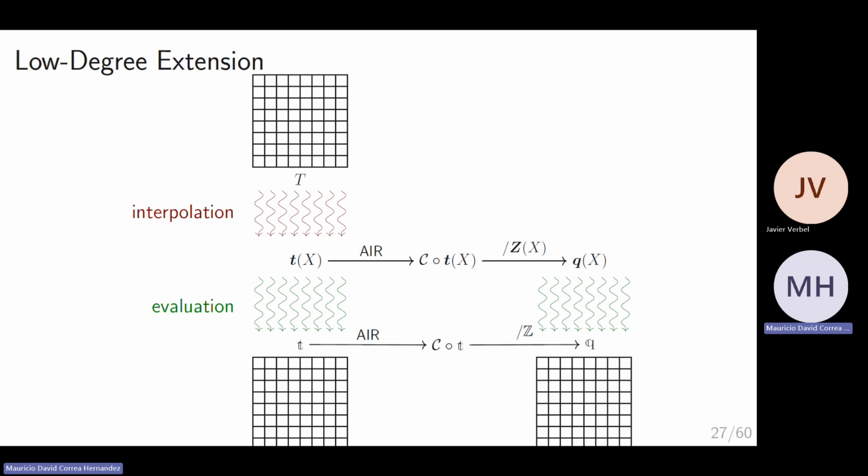We can either go right first, then down, or down first, then right, and we get the same result. Conceptually, it's easier to think of going right first, because then you have polynomial divisibility that you're using. But in practice, it's more efficient to go down first and then right.